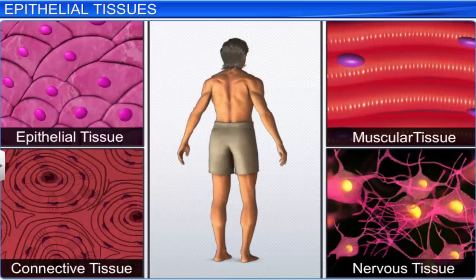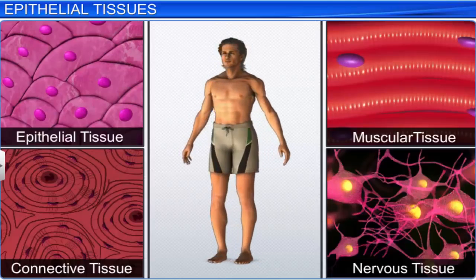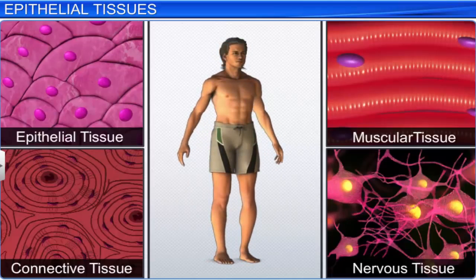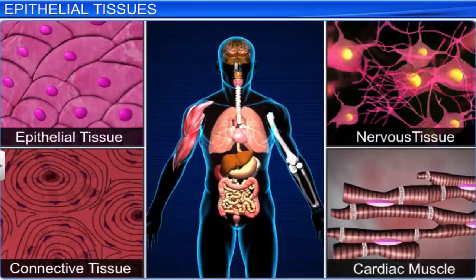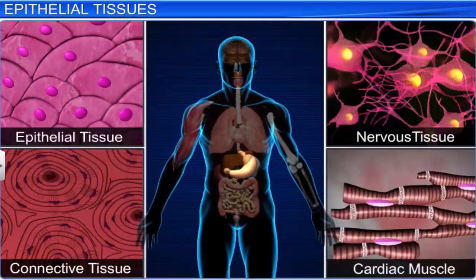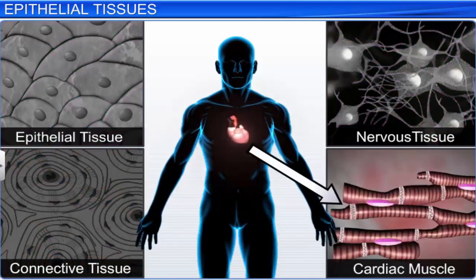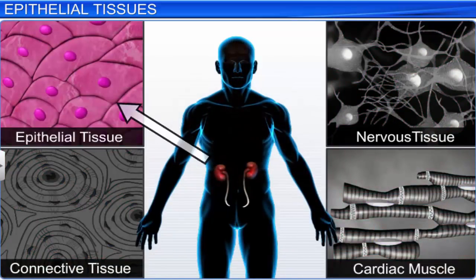Interestingly, all complex animals, including human beings, have only 4 basic types of tissues. These tissues are arranged in a specific proportion and pattern to form organs such as the stomach, heart, kidney, and so on.